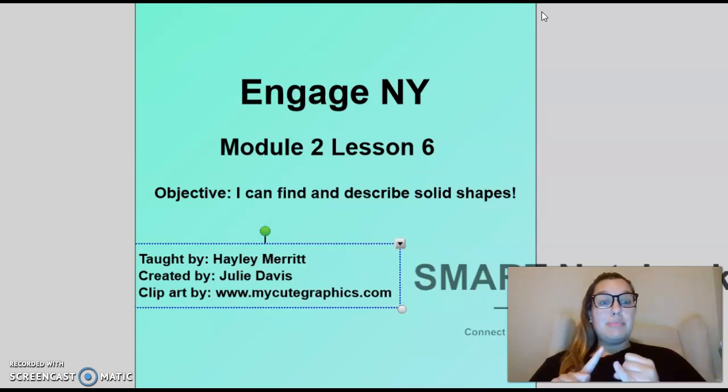We've talked about maybe positional words we may have to use like above, below, beside, behind, in front of, or we may have to use different shape names we know, but we're going to be able to find and describe solid shapes. So go ahead, pause me if you want to go grab those things, and then come back.